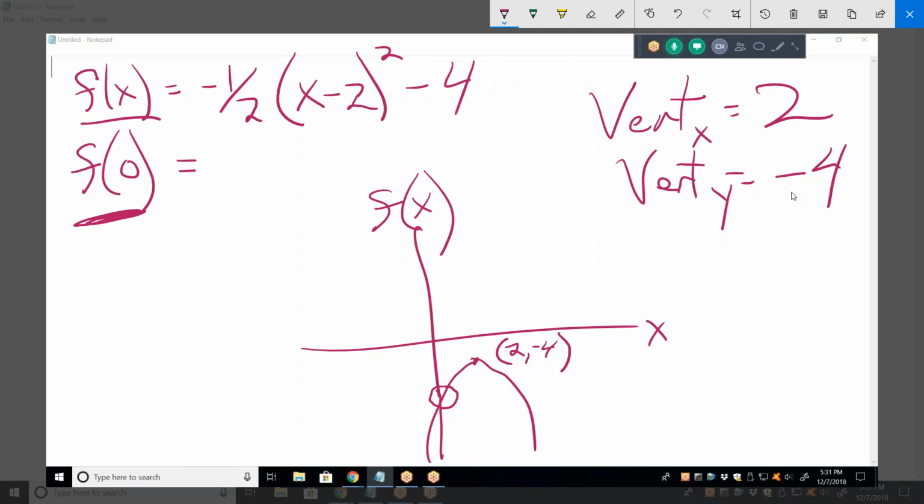Whatever is in the parentheses, you plug in for x. If it was f of 1, I would plug in 1 for x. If it was f of 3, I would plug in 3 for x. But in this case, we want to know f of 0. So we plug in 0 for x.